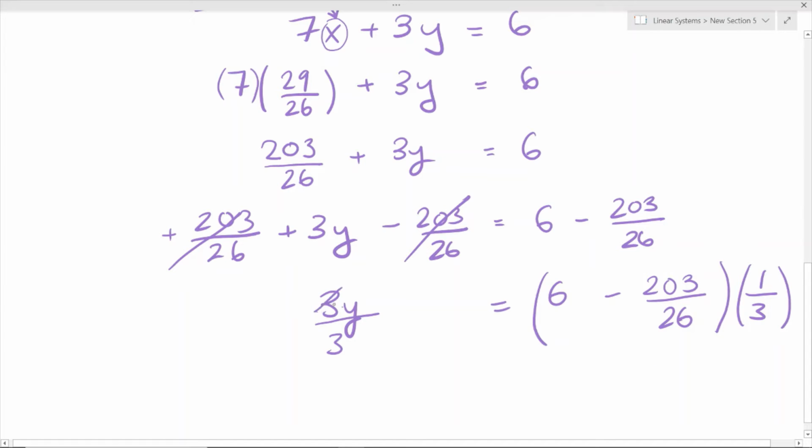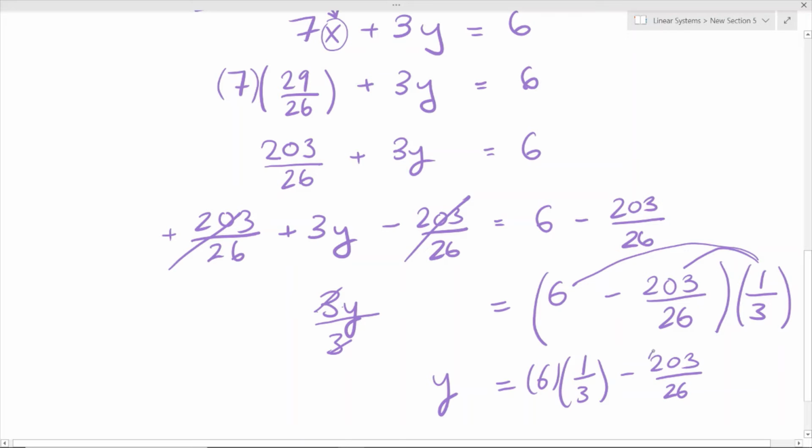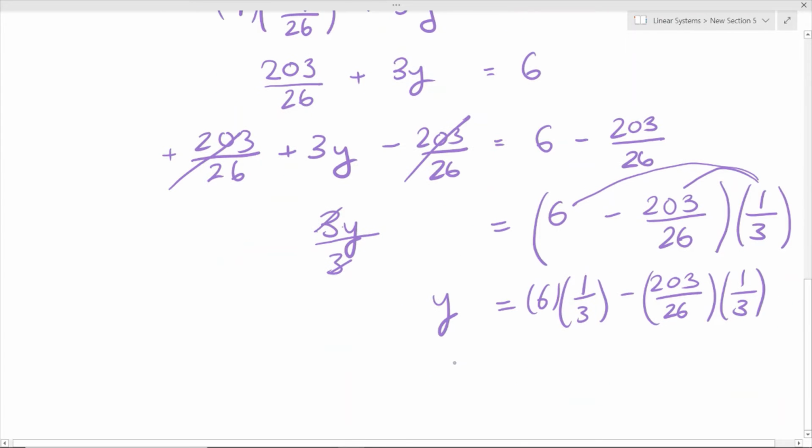So this 3 and this 3 are going to cancel, and then y is going to be equal to, well, we have to use the distributive property. Distribute this here, distribute this here. So 6 is going to be multiplied by 1 over 3, and then minus 203 over 26 is going to be multiplied by 1 over 3.